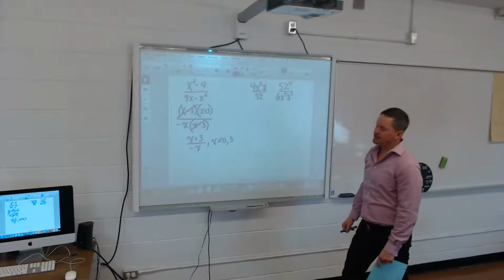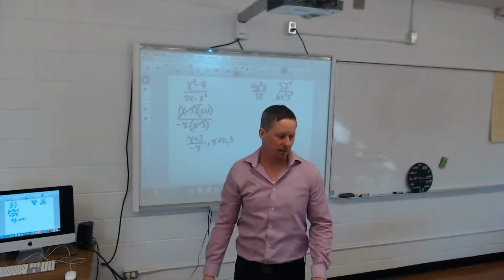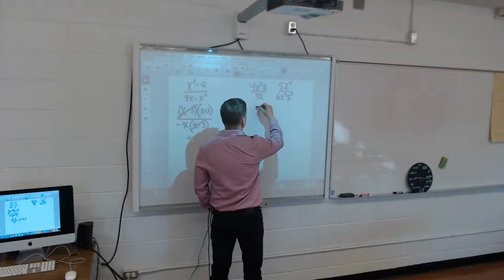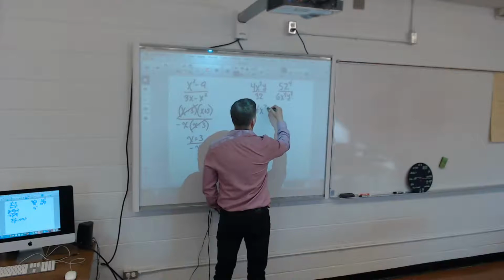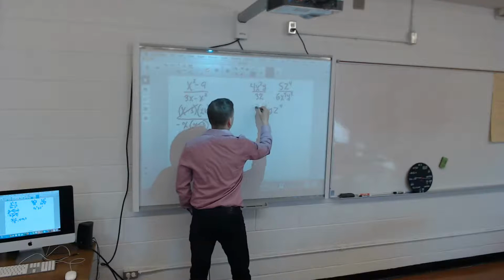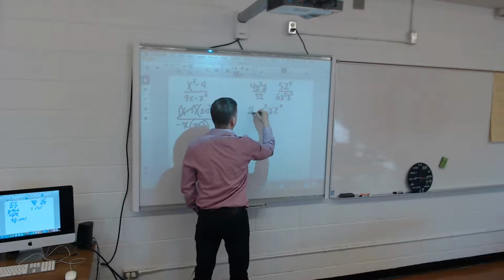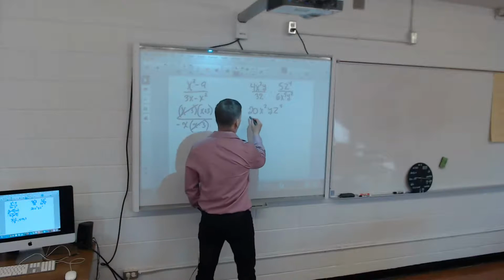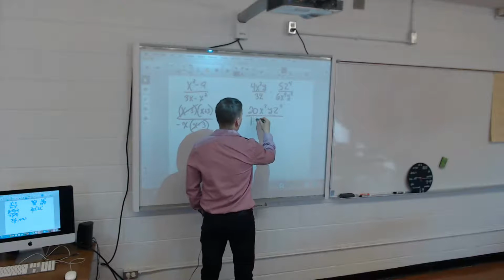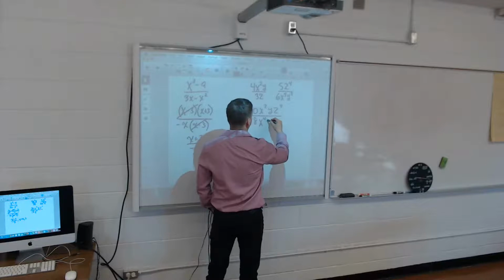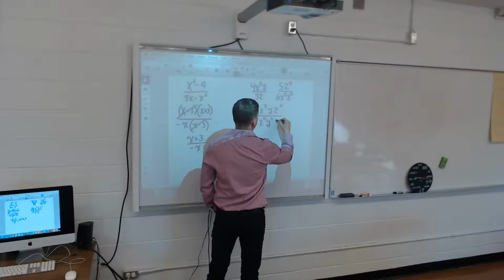All right, so again, it's up to you how you want to do it. If you want to multiply across the top, then multiply across the bottom. That gives me 20x squared y z to the 4th on top. On the bottom, I have 18x to the 4th y squared z.